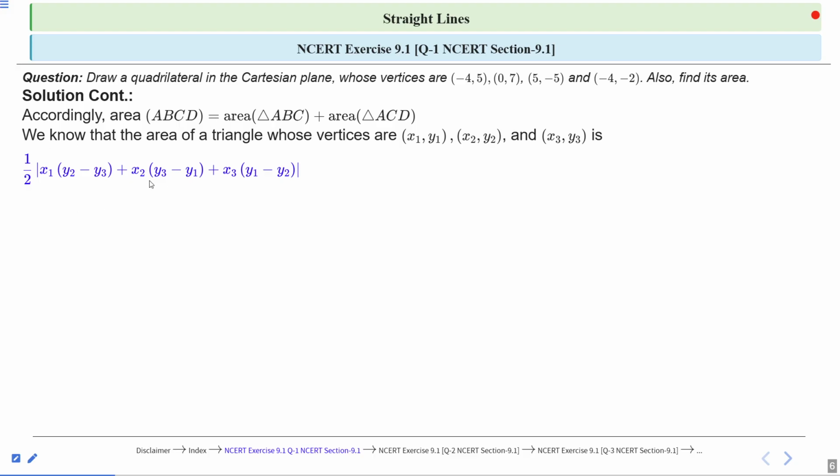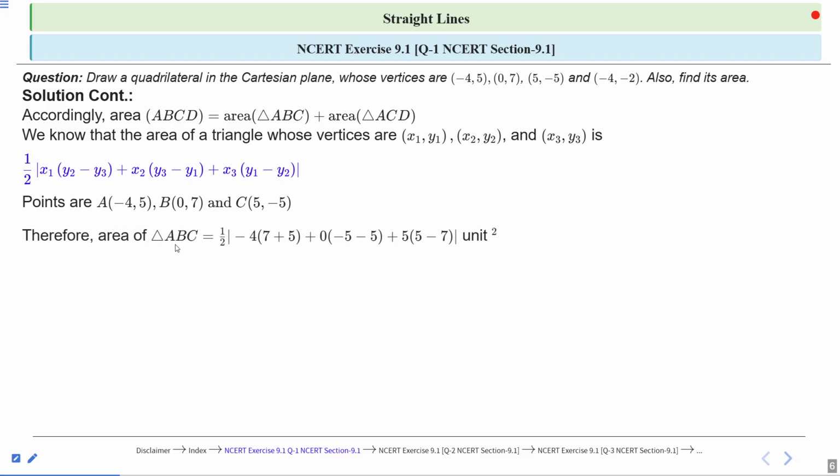This is the formula for the area of a triangle whose vertices are given. The points here are A(-4, 5), B(0, 7), and C(5, -5), which are given to us in the question.